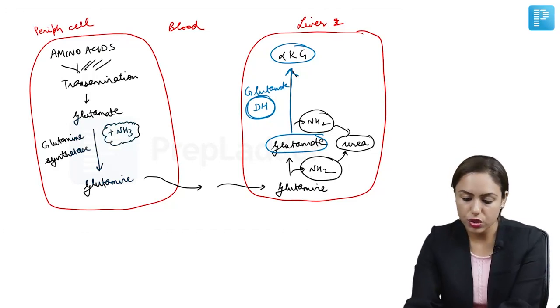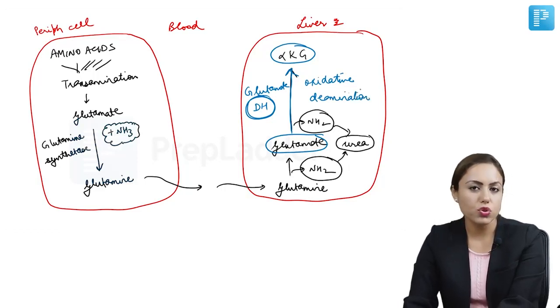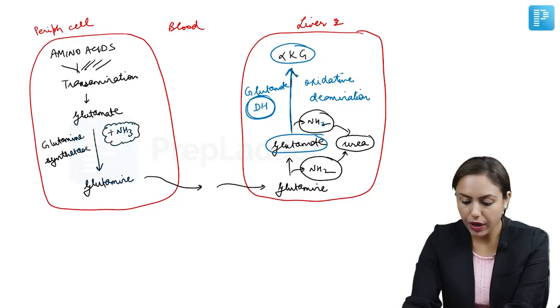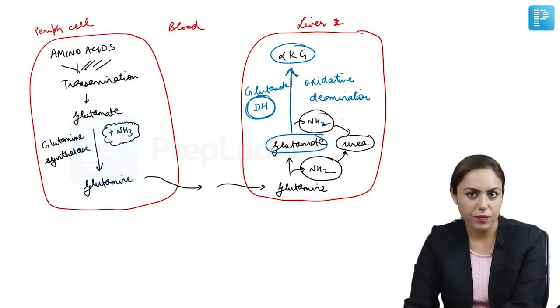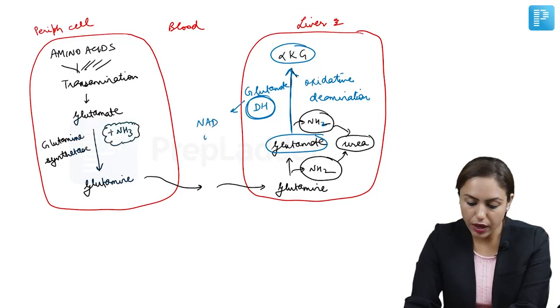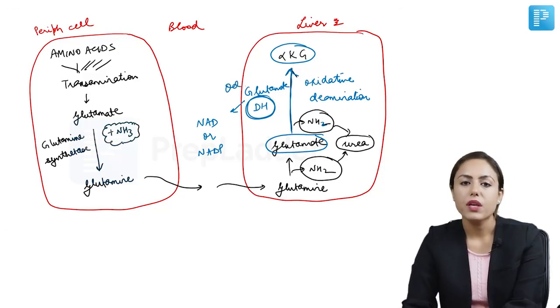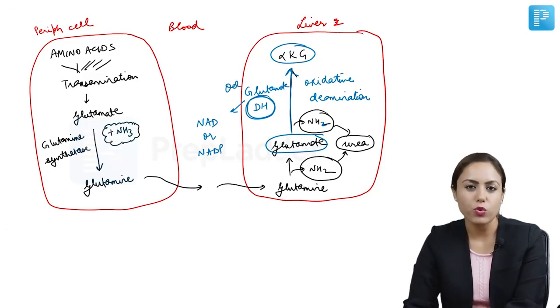Dehydrogenase means oxidation. So this reaction is oxidative deamination because oxidation is also occurring and amino group removal is also occurring. Okay. This enzyme glutamate dehydrogenase can use NAD or NADP, whichever is available. This is a very important enzyme and it is present in mitochondria.